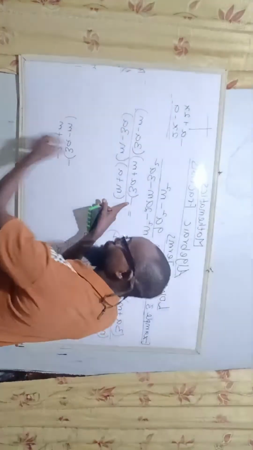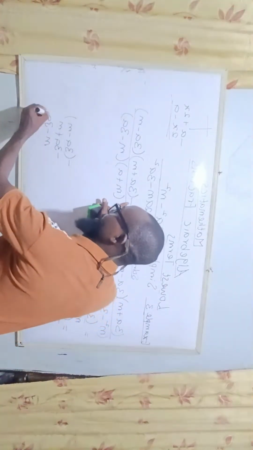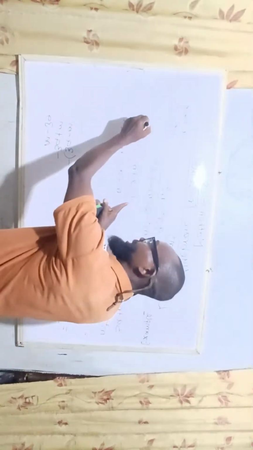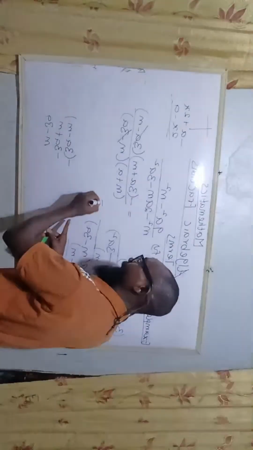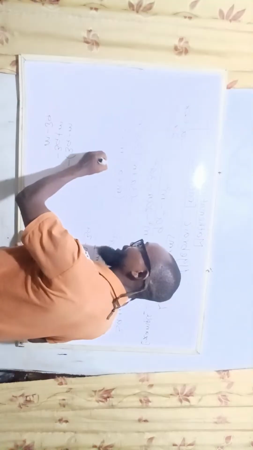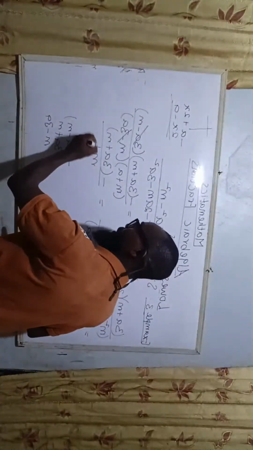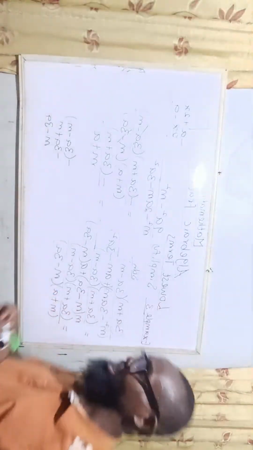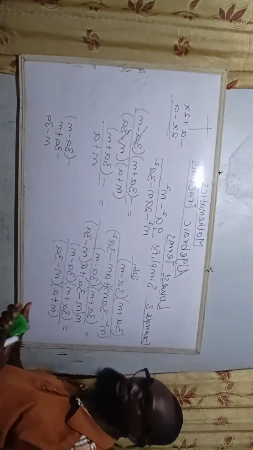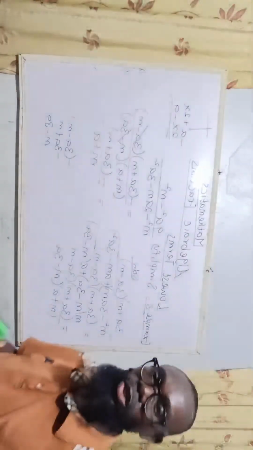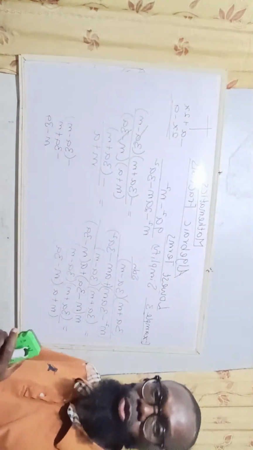I can rearrange this one, it becomes m minus 3a. In this case, this and this can cancel out. We now have finally minus (3a plus m) divided by (m plus a). So that is the end of this class: how to look for the lowest terms.